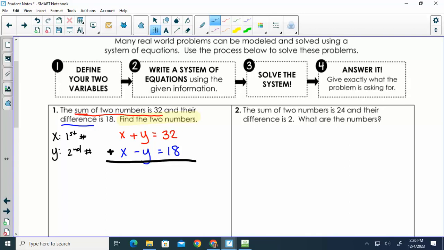So 1x plus 1x is 2x. Negative y and positive y cancel. 32 plus 18. So solve for x, divide by 2. And x is 25.